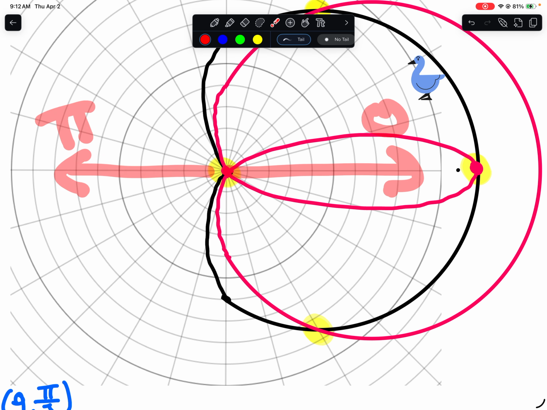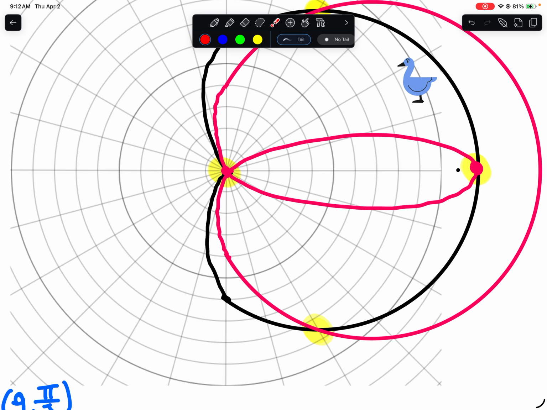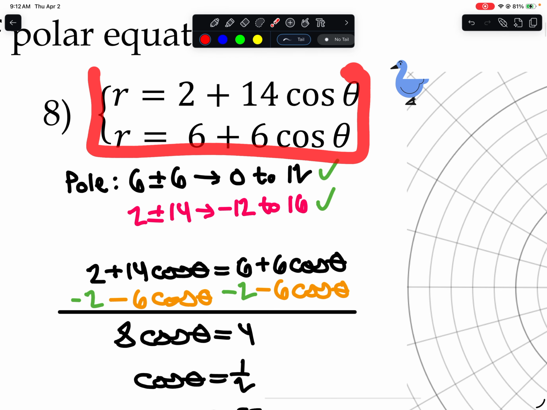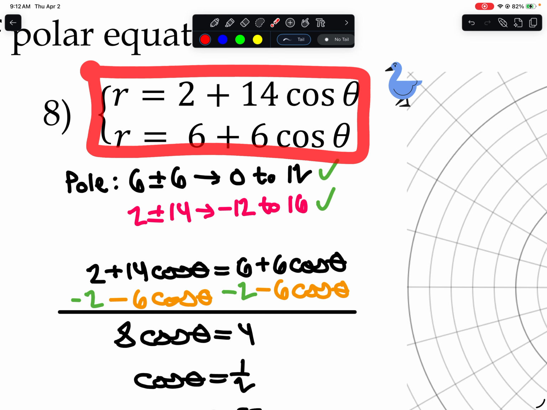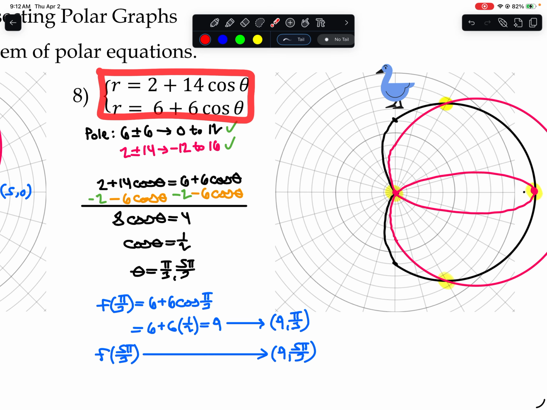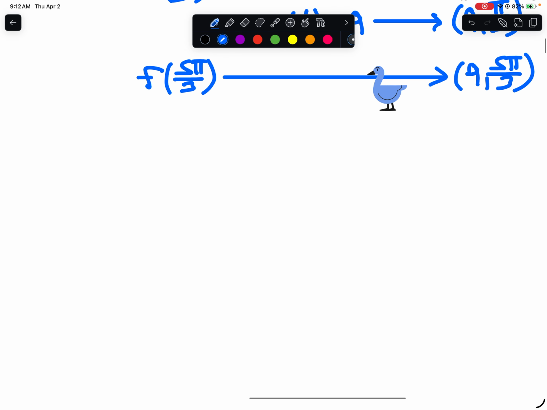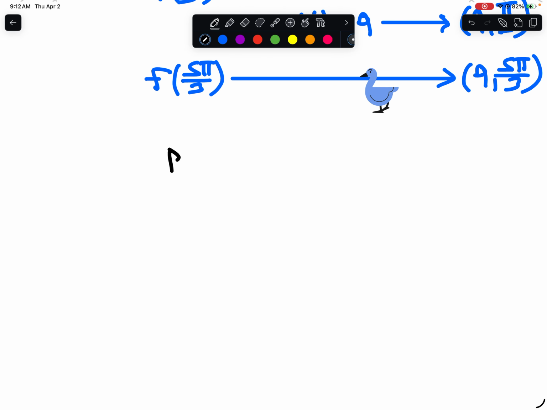So I'm going to plug in 0 and pi into both of these equations and see if it's going to yield the same point. So I need to plug in theta equals 0 and theta equals pi.